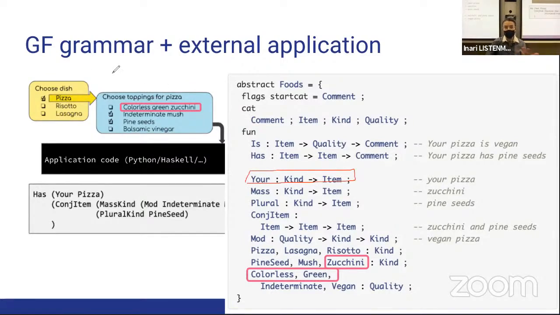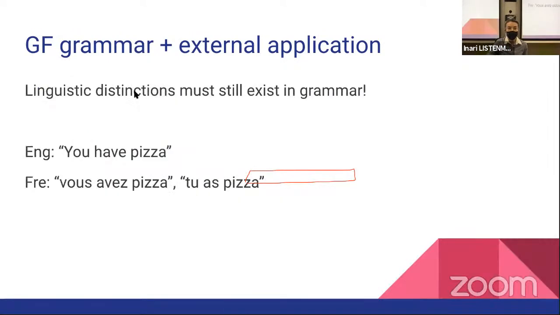In English it's fine, because we can say that to both a single person and a group of people. But if the restaurant chain opens a branch in France, then they must choose if they want to generate the singular or the plural form of "pizza".